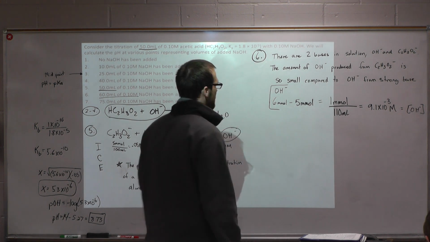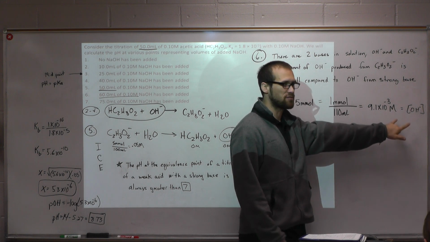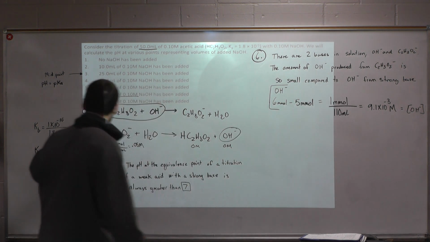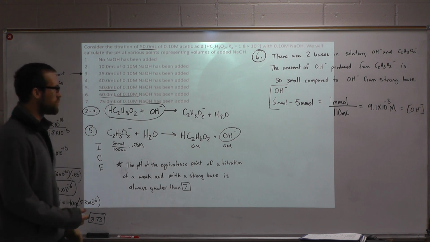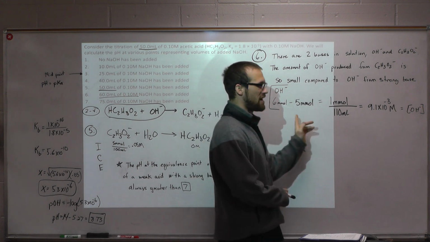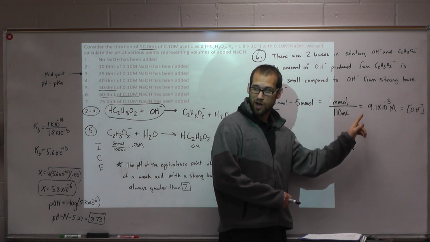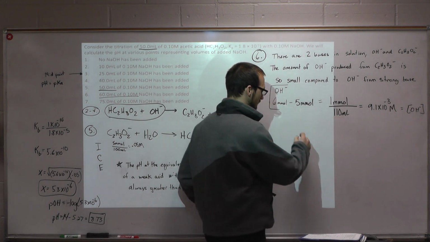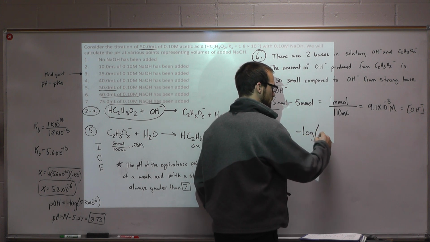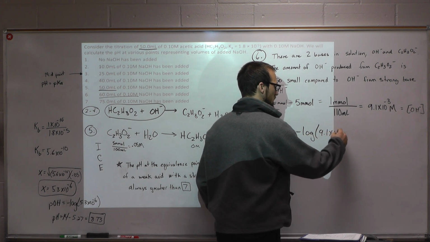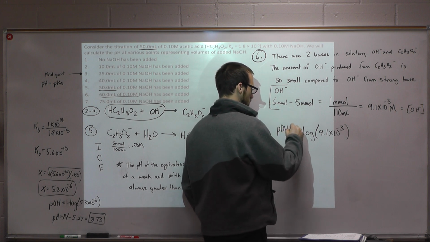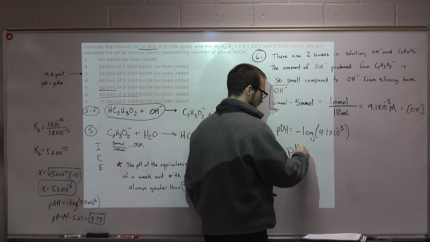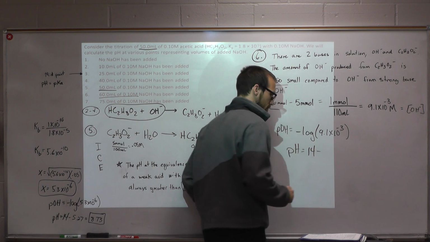Because the strong base is going to give off way more OH minus than a whole bunch of weak base will. So, once you get above the equivalence point, all you need to do is figure out your concentration of remaining strong base. Negative log of that gives you pOH. And then your pH is 14 minus that.